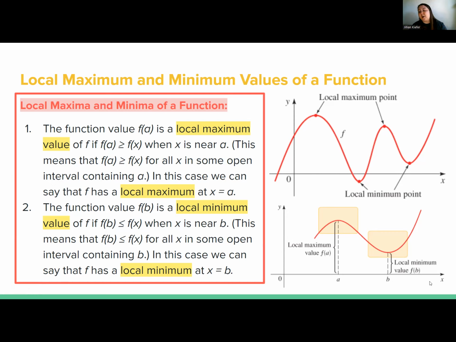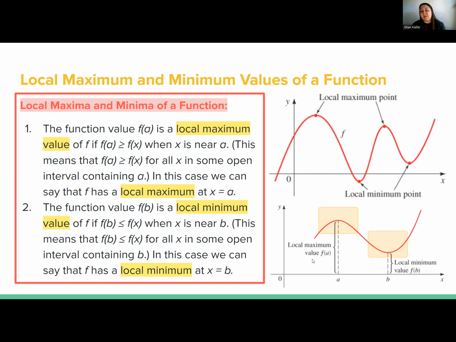But if we look at this bottom graph here, we get a little bit of another look. So our local maximum and minimum points are located at x values. But if we want to know what the actual maximum or minimum value is, that value is y, because the value is how high or how low it is, not where it is located.